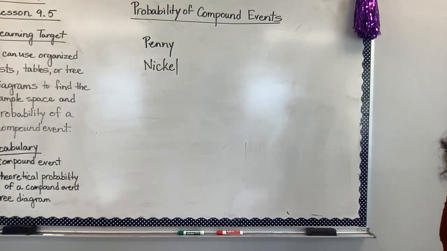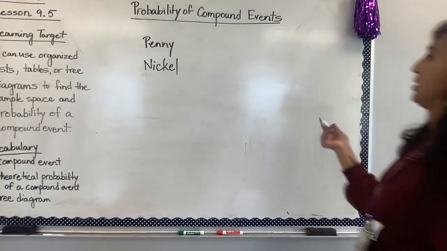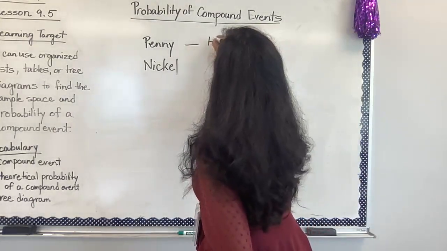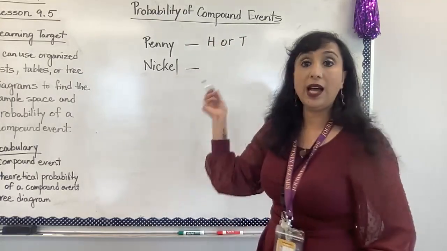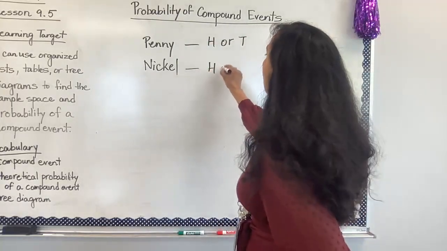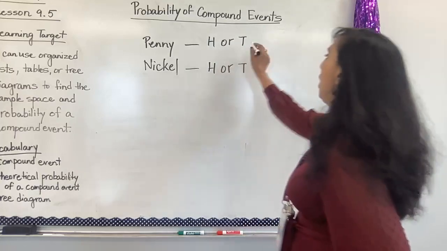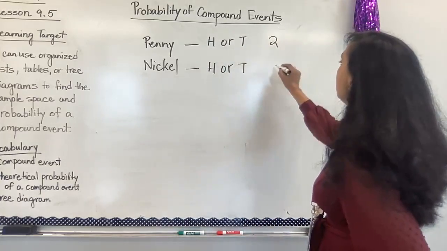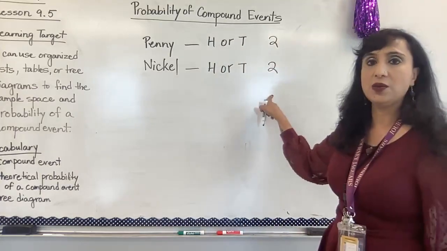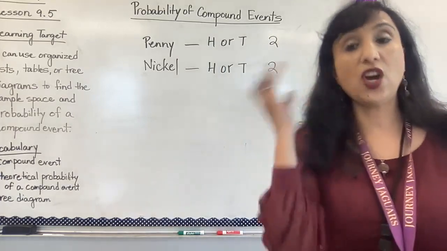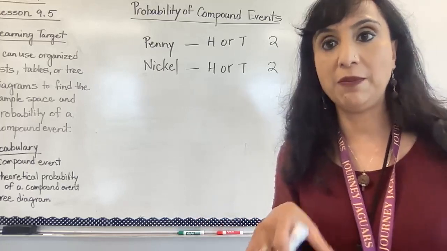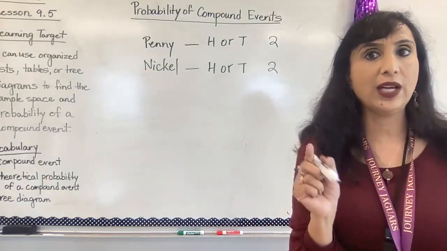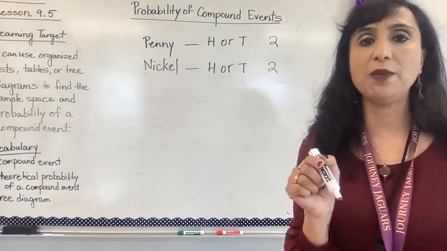So when I'm looking at each coin, whether it's a penny, what can I get? I can get heads or tails. With the nickel also, I can get heads or tails. So how many options is this? This is 2 options and this is 2 options too. So if you think of the shortcut of calculation, before I make the tree diagram or the list, I know that I have 2 options for the penny and 2 options for the nickel.